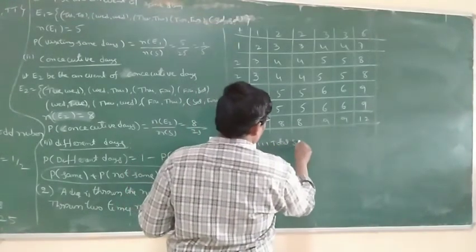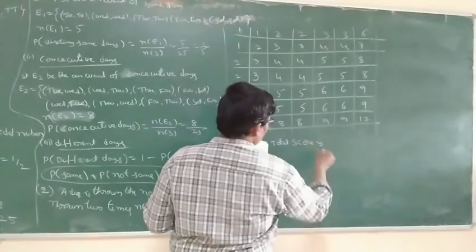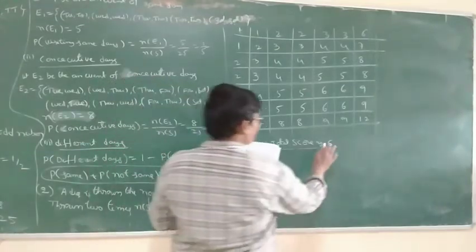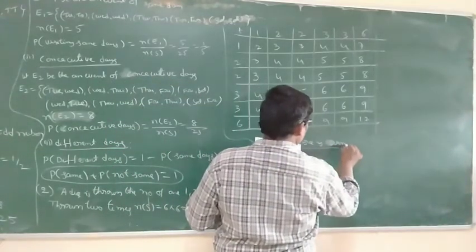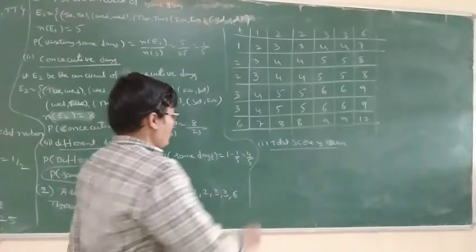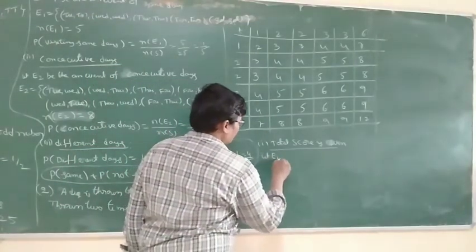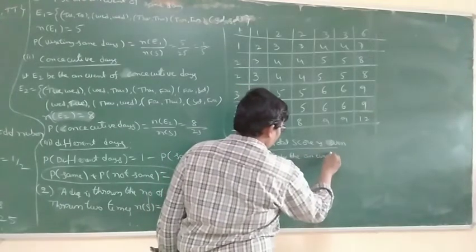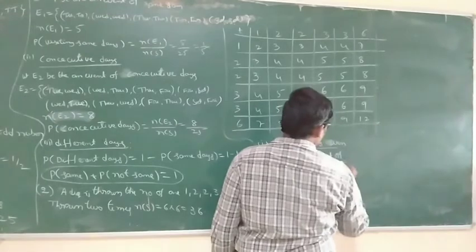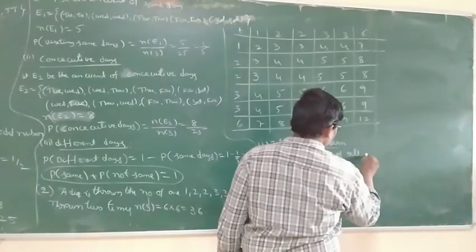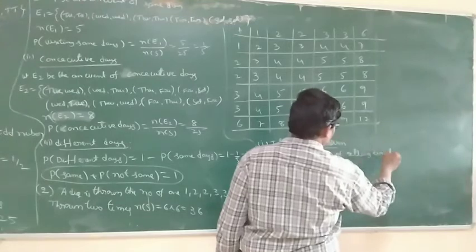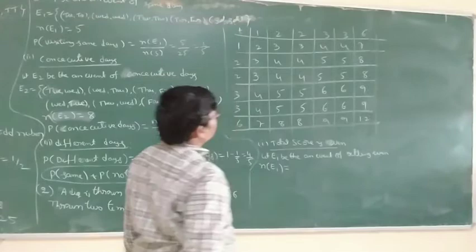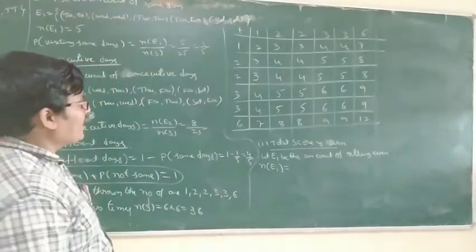Total score is 6. Oh, sorry. Total score is even. So let E1 be the event of getting even. How many even?